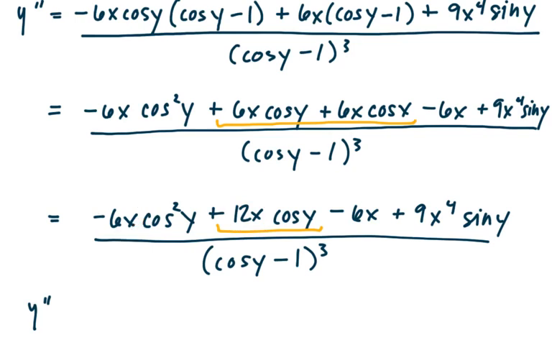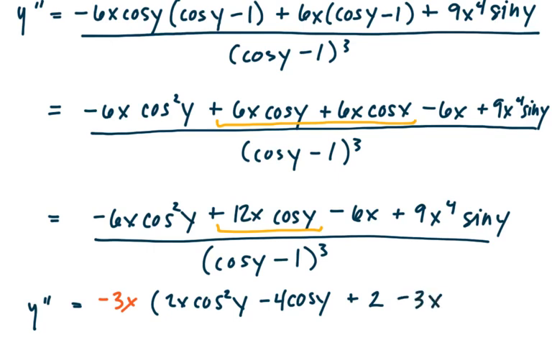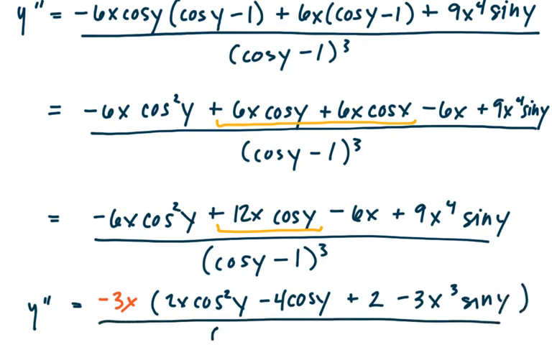So if I pull that 3x out, and I'll use a negative 3x, that leaves me with 2x cosine squared y, negative 3x, that gives me minus 4 cosine y, negative 3x, plus 2, negative 3x is minus 3x cubed sine y, all over that denominator, cosine y minus 1 quantity cubed.